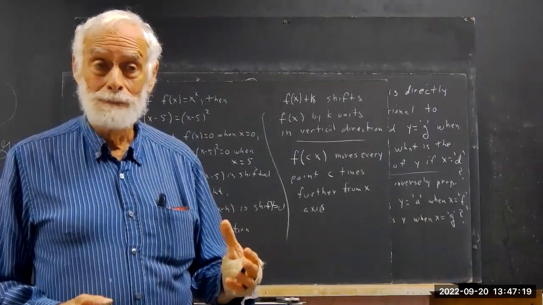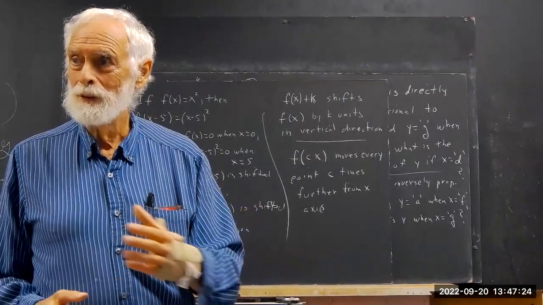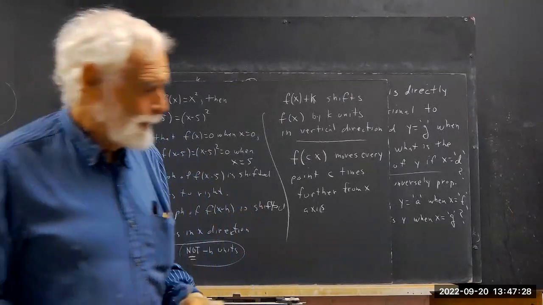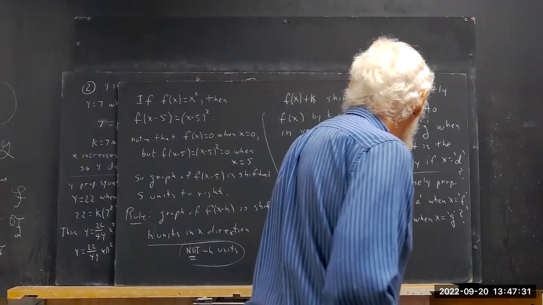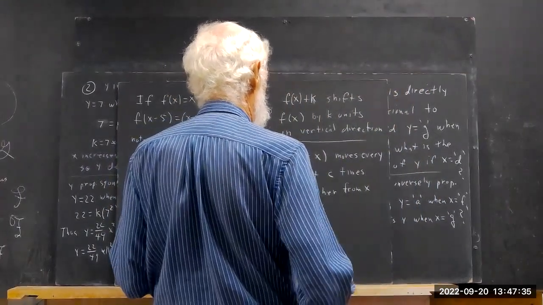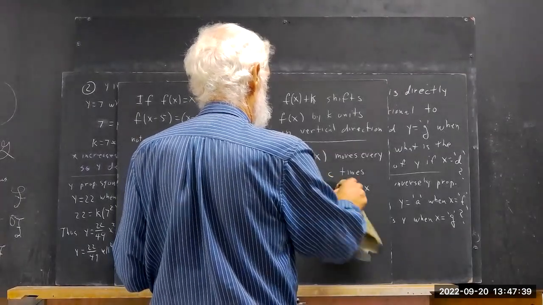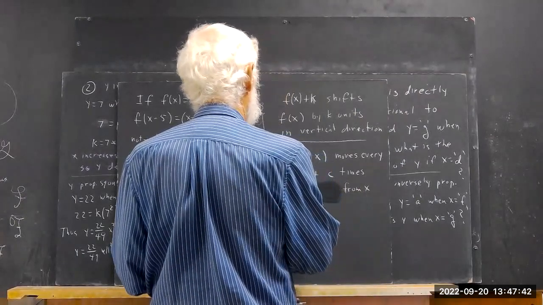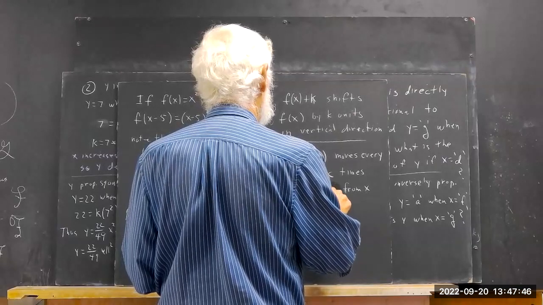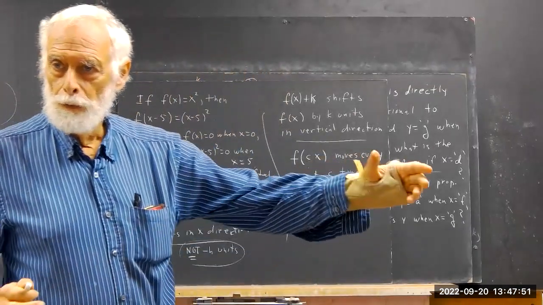If I move things 1/2 times the distance from the x-axis. So I'm going to replace the word further and say c times the distance, so I can accommodate things that go further and things that go closer.